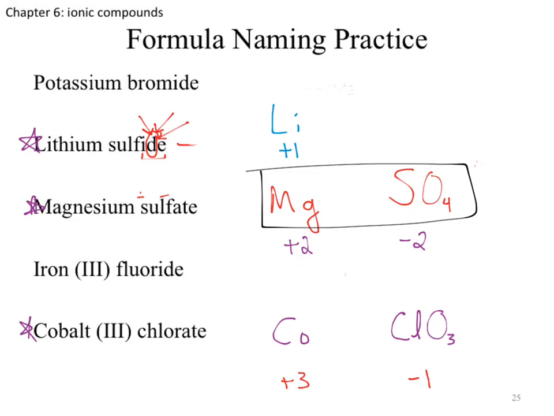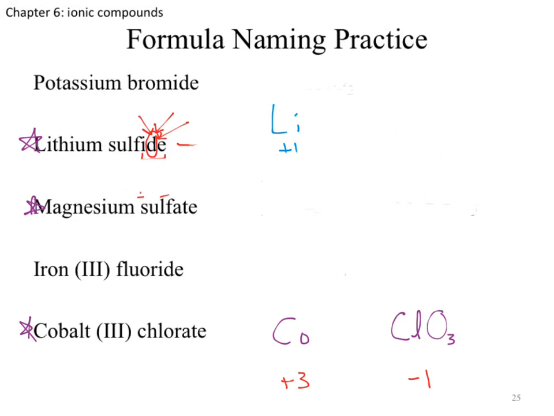Would our formula balance? We have a +3 and a -1. If we just had one cobalt and one chlorate, what would our charge be? A +2. So what do we need to balance out the charge? Right now we have too much positive charge, so what can we do?